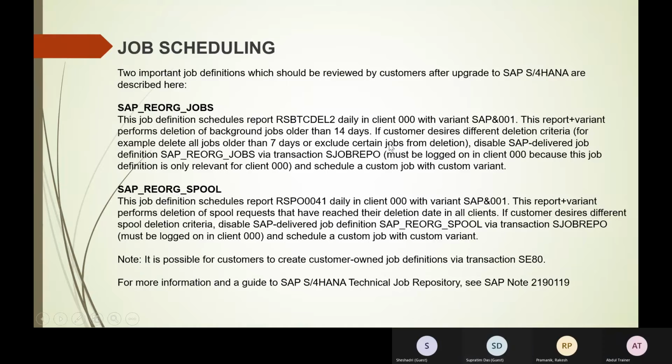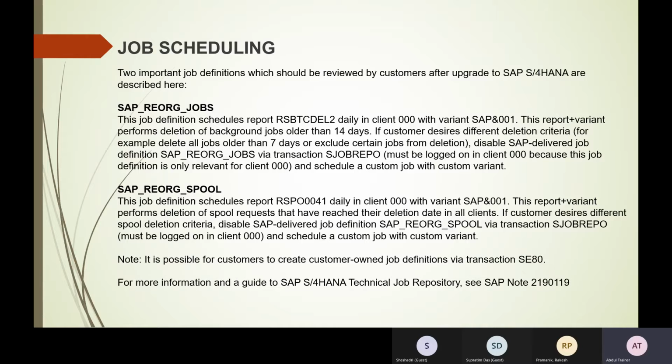Same like SPDD and SPAU. If you modify anything for a repository object, SCP or dictionary object, then the upgrade will ask what you want to do: whether you want to go with the SAP standard after the migration or upgrade, or adapt your changes.